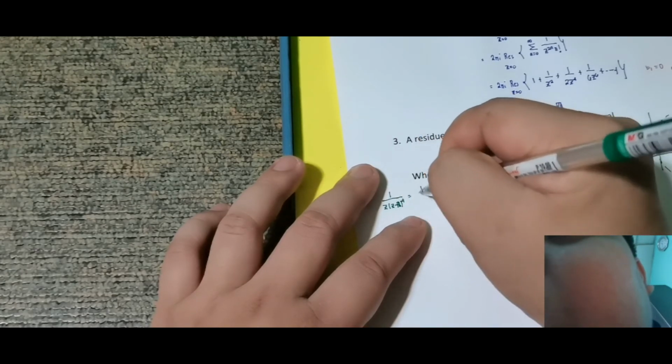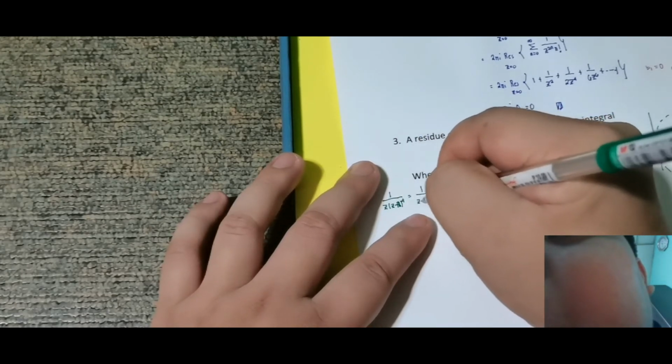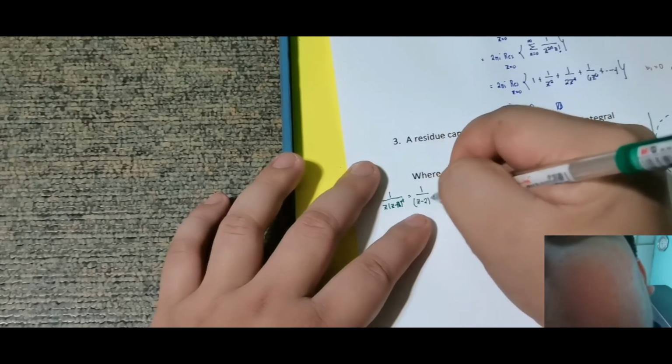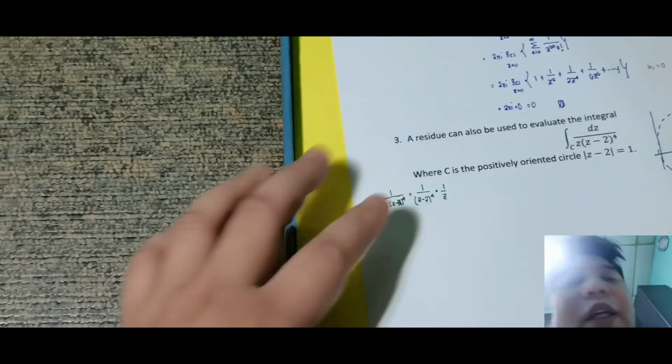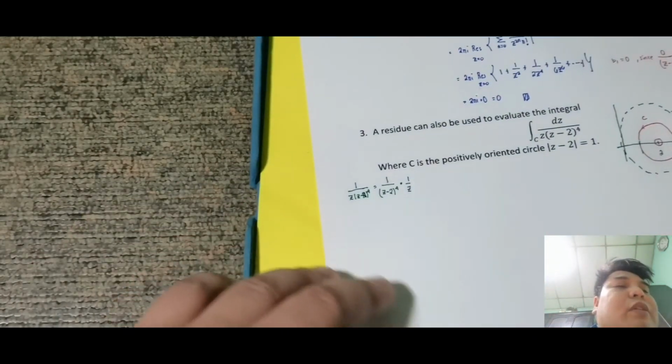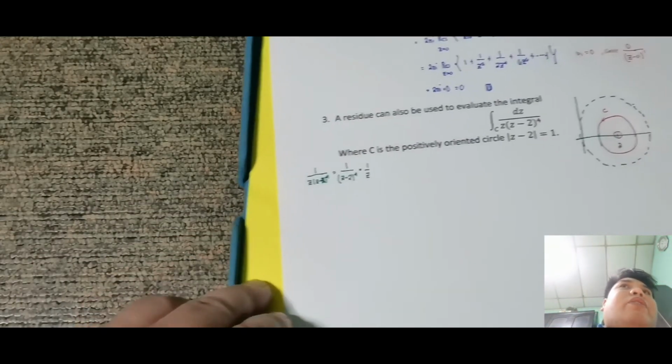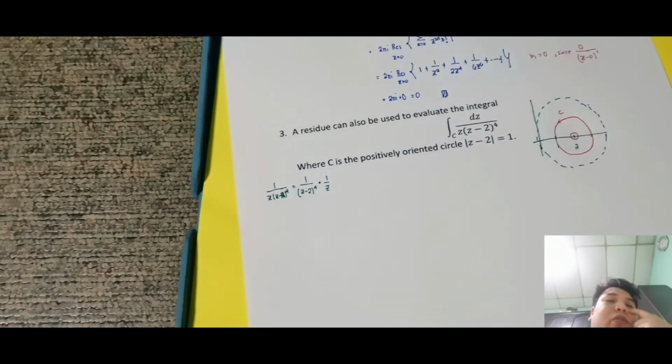This is equal sa 1 over z minus 2 raised sa 4, times 1 over z. Okay, ang concern ko dapat yung z magkaroon ng z minus 2. So, paano siya magkakaroon ng z minus 2?